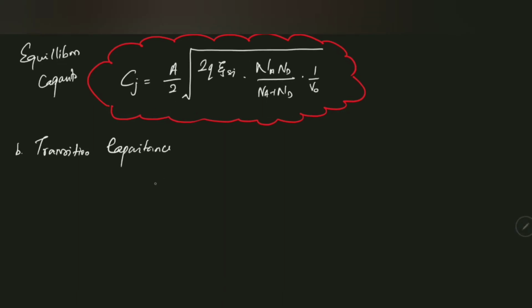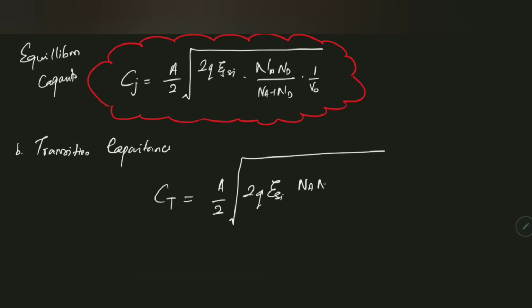So we can represent CT as A by 2 the whole root of 2q epsilon Si Na Nd divided by (Na plus Nd) into 1 by (V naught plus Vr), because the voltage we are giving increases the depletion layer.